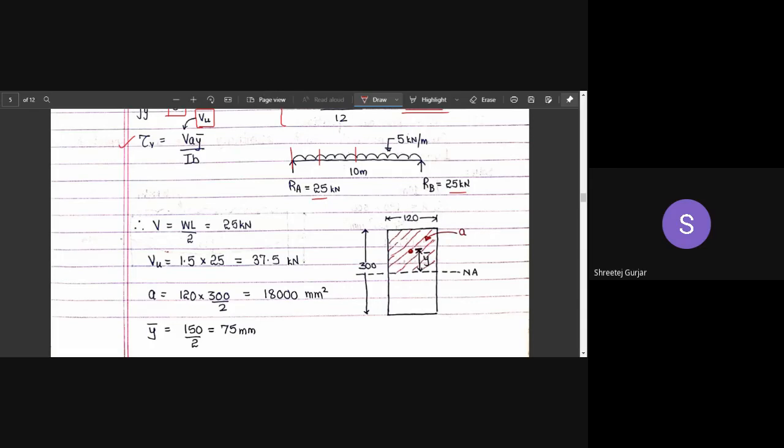Where will be the shear force maximum? Sandesh, answer. Srinivas, will your shear force be maximum at the midspan, at the quarter span, or at the support?